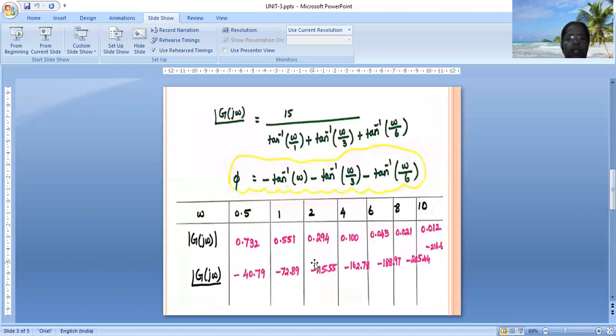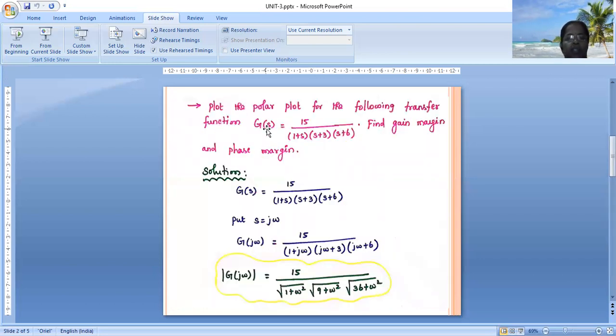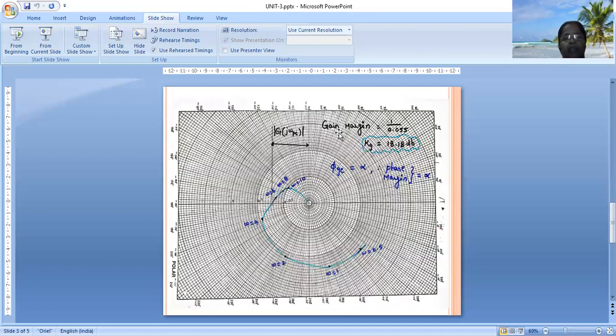Next important thing, you take your G(s). G(s) is equal to 15 divided by (1 plus s) into (s plus 3) into (s plus 6). From this we can tell what the type is and what the order is. Here the type value is 0 and the order is 3. You already know where you have to start your polar plot and where you have to end.